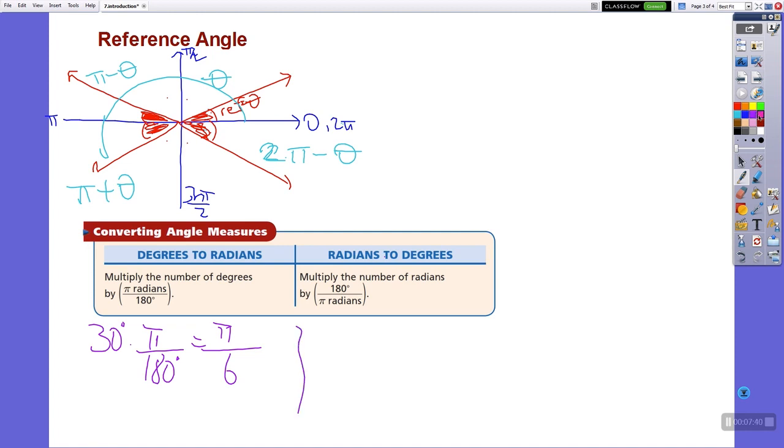Let's say you are given pi over 4 radians and you want to convert it to degrees, so you multiply it by 180 divided by pi. Your goal is cancelling out the pi's. Cancel out pi's and simplify, you're going to get 45 degrees. That's it. Let's move on.